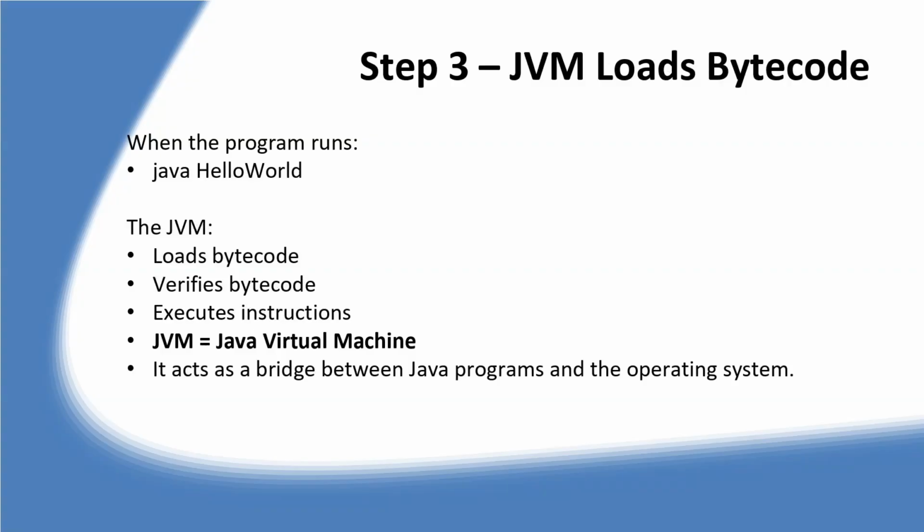Then step 3 is JVM loads bytecode. So after bytecode is generated, the JVM takes over. As we know, JVM stands for Java Virtual Machine, and its job is to load bytecode, verify bytecode, and convert bytecode into machine code and execute the program.